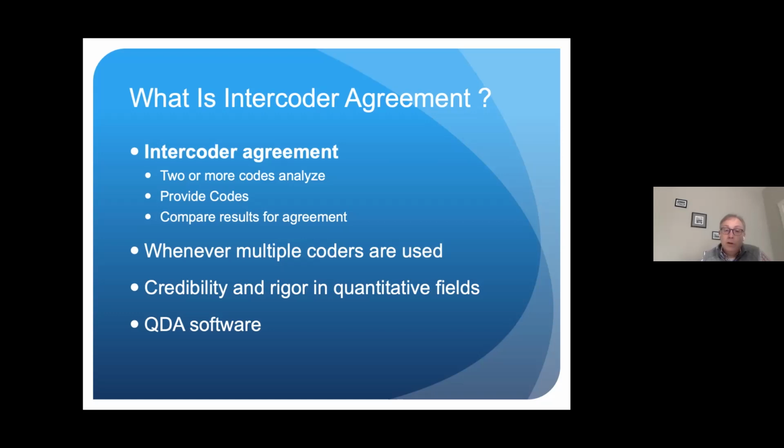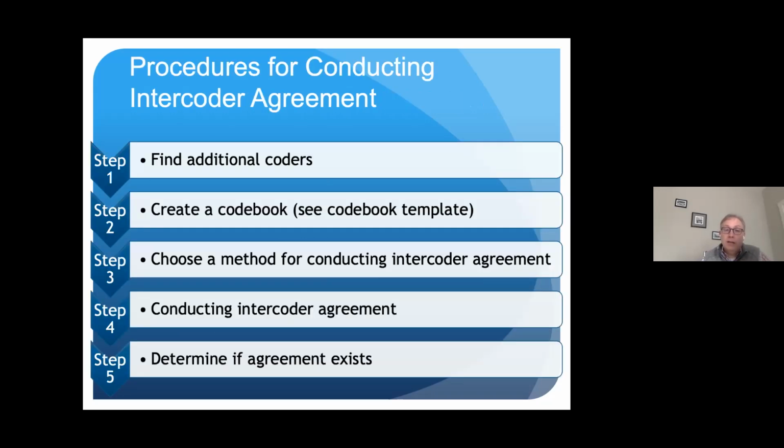Now, qualitative data analysis software can conduct that analysis for you, can actually calculate that percent for you. So just kind of a process. Of course, you have multiple analysts working on this. We usually have to have a code book established first before we can really calculate agreement.